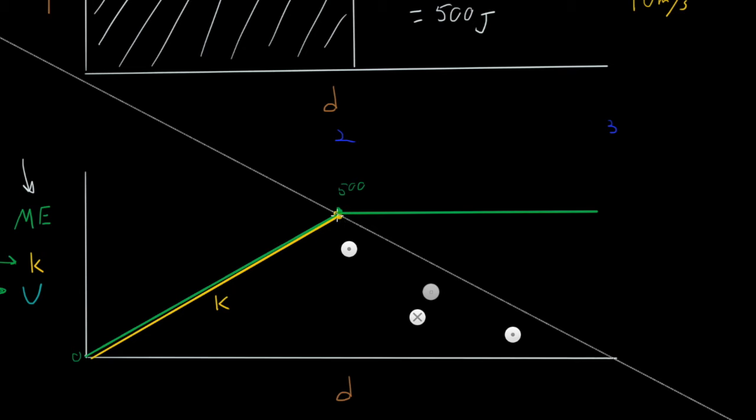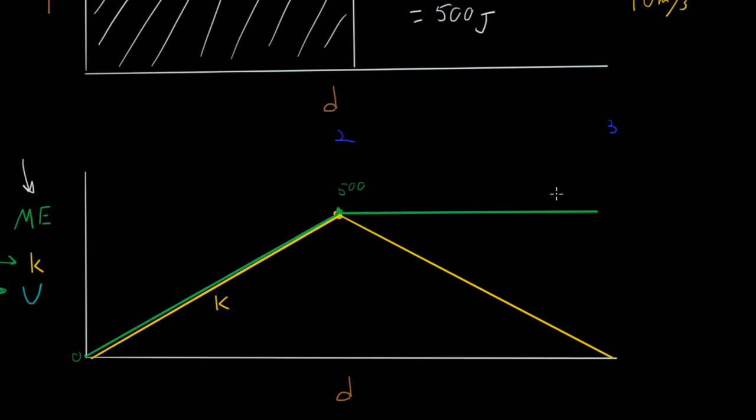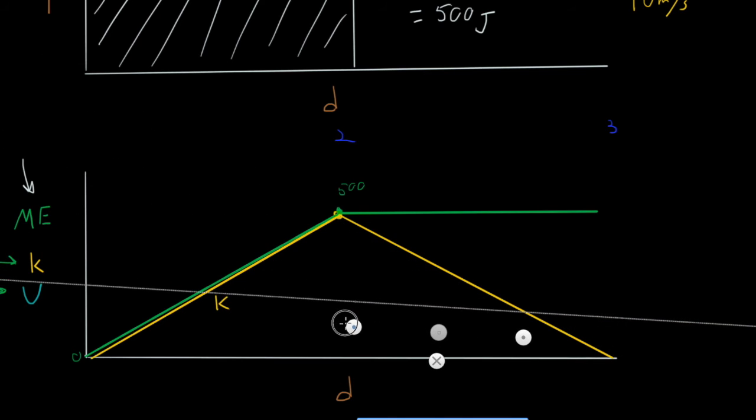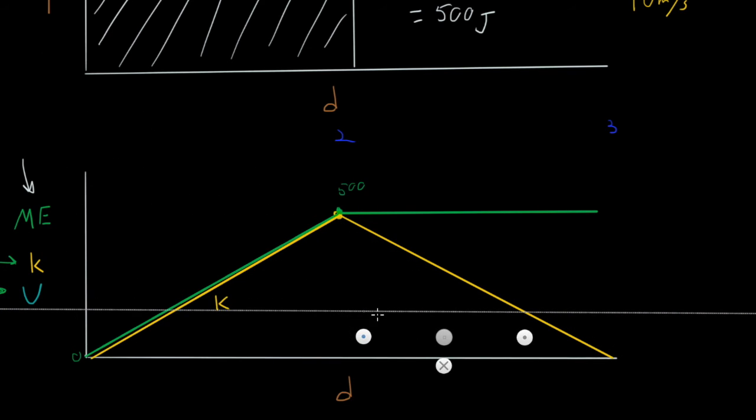And so my kinetic energy goes down. But notice, my total mechanical energy is still up. It stays the same. So my kinetic energy goes down, but my mechanical energy stays up. So what's going to happen is my potential energy will be moving up at an equivalent rate.